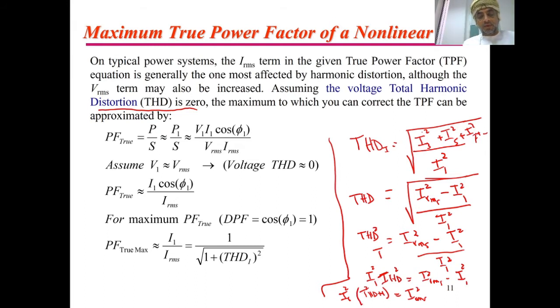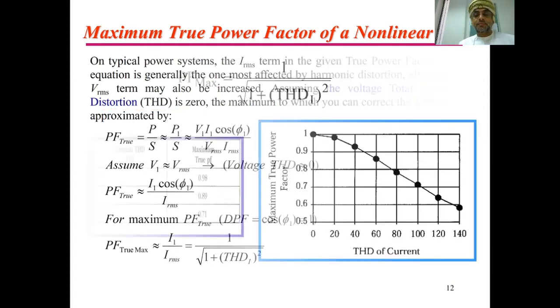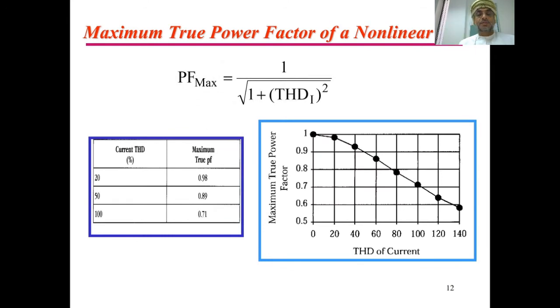Therefore I1 over I root mean square will be equal to 1 over the square root of total harmonic distortion squared plus 1. It is under the square root as written over here. So the maximum true power factor will be equal to 1 over the square root of 1 plus total harmonic distortion squared.